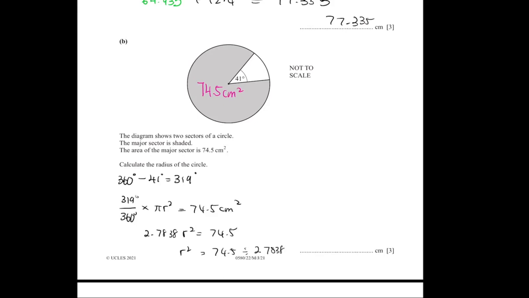So r squared is equal to 26.76. We square root the answer. r is equal to 5.19.